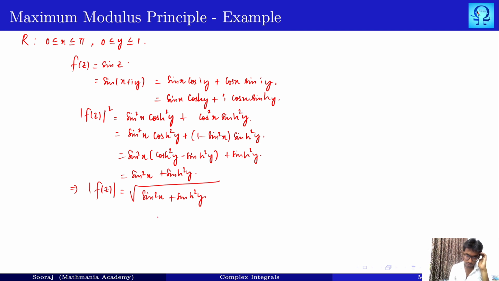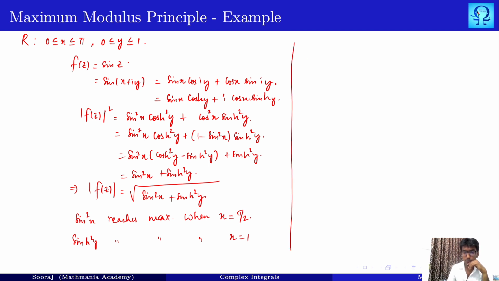Sin x reaches its maximum when x equals pi upon 2, and that is a part of the given rectangle. The next one is 0 less than or equal to y less than or equal to 1, for which sinh squared y reaches its maximum when y equals 1.